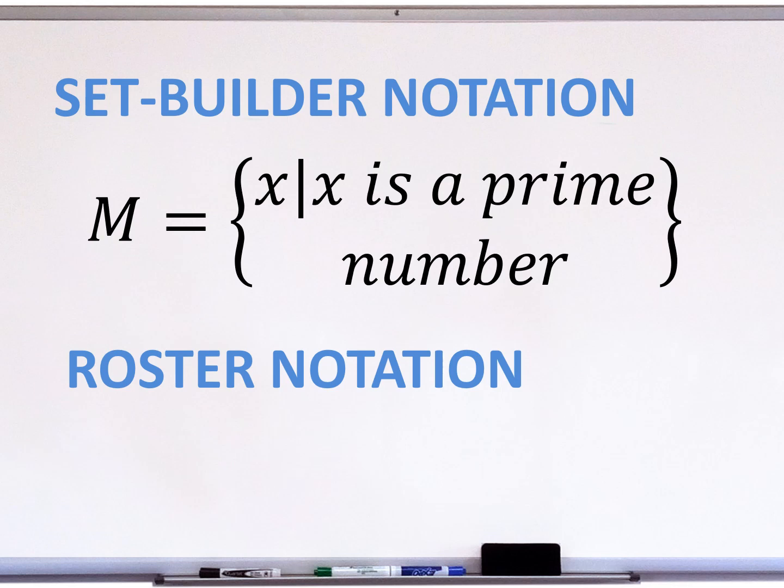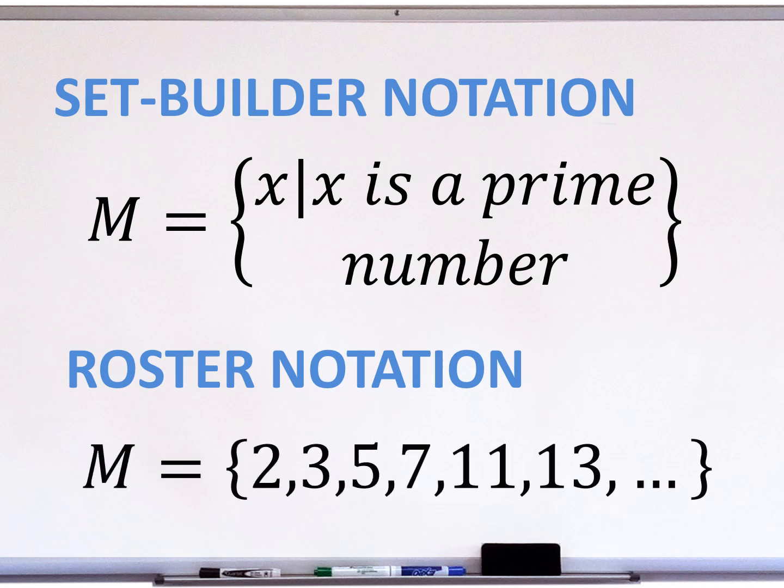If you write the given set in roster notation, you list down every prime number, starting with 2, 3, 5, 7, and so on and so forth. There are a lot of prime numbers after the number 13, so we use the 3 dots, or the ellipsis, here.